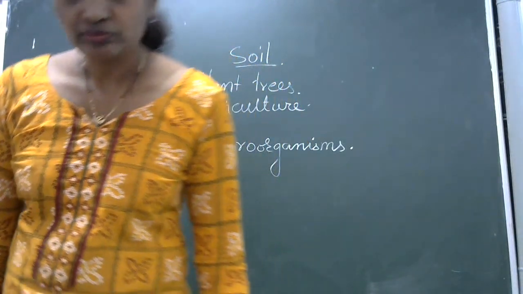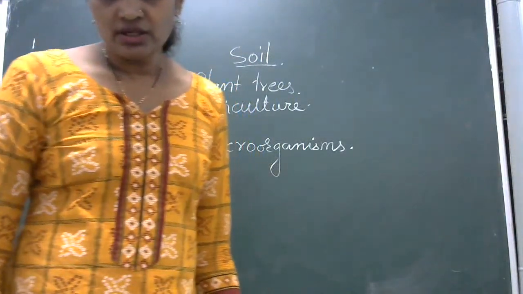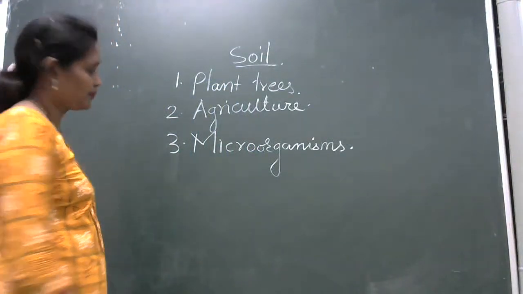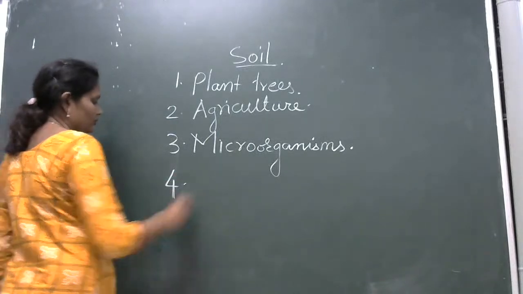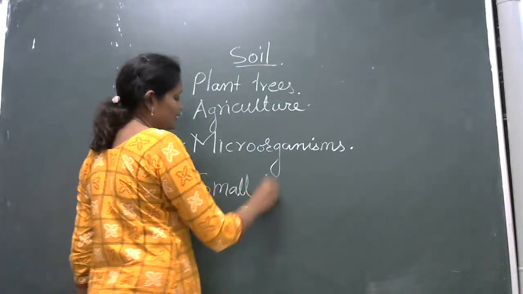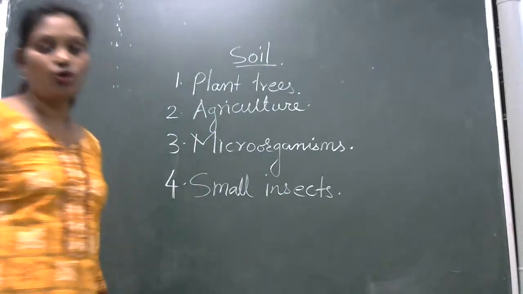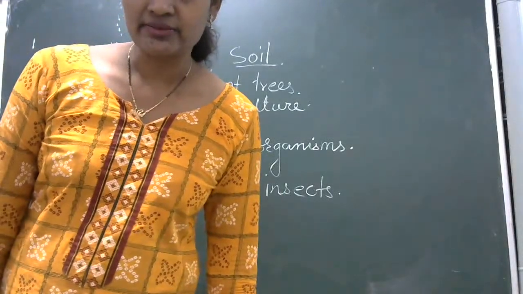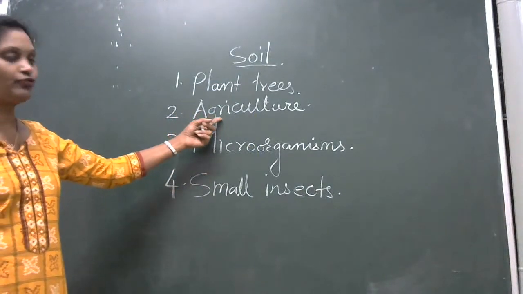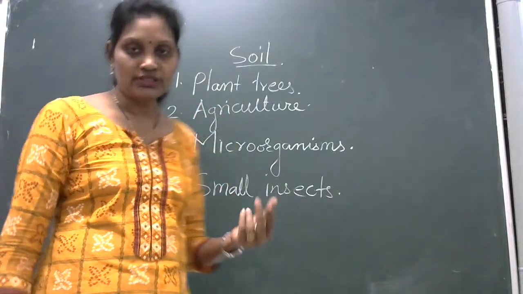Okay, then small organisms. Yes, a home for microorganisms. Small organisms also mean small insects. It is a home for small insects. It helps to grow food. We have written food, that is agriculture, plants, that is forest, isn't it?